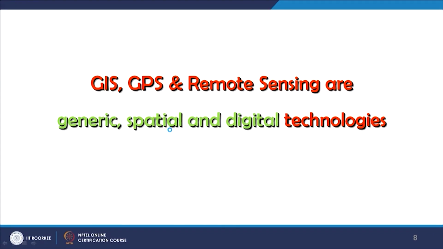So GNSS includes GPS, GNSS includes GLONASS, which is the Russian navigation system, GNSS includes Beidou, which is a Chinese navigation system. GNSS also includes Galileo, which is a European system, and GNSS also includes the Indian system.